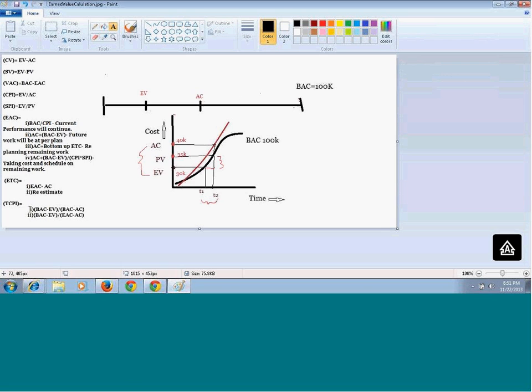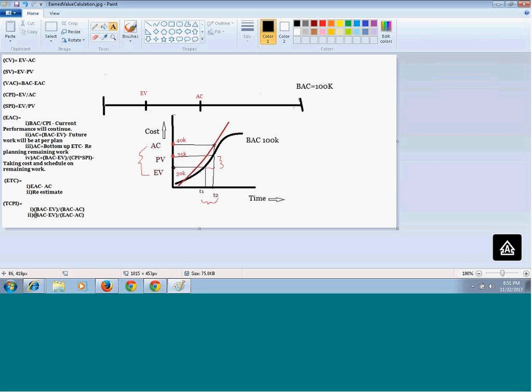So your to complete performance index will be 70 divided by 60. So it will be more than 1, and you have to perform very aggressively to meet that. If you want to complete the remaining work with the limited amount you have, you have to overperform on the remaining project.